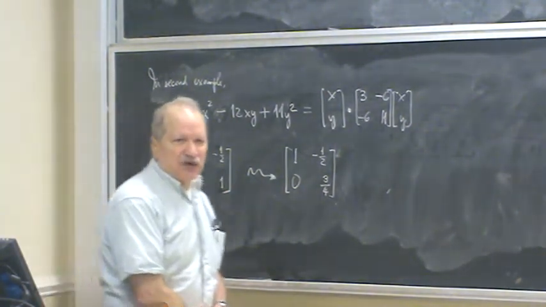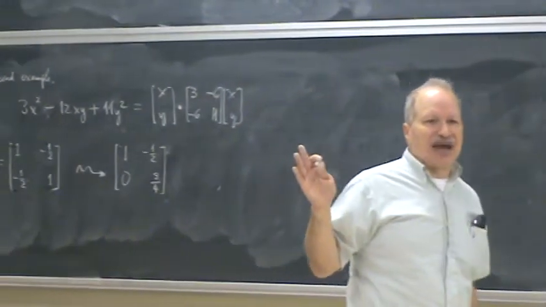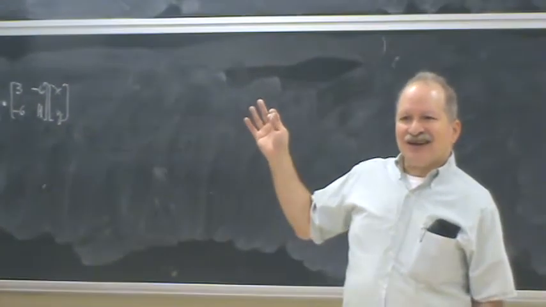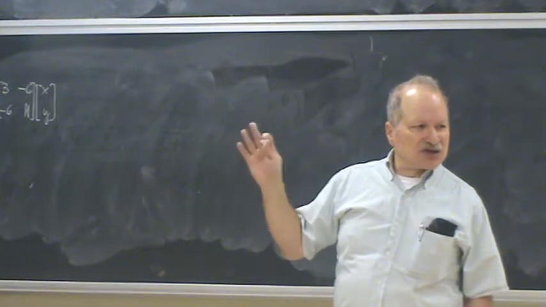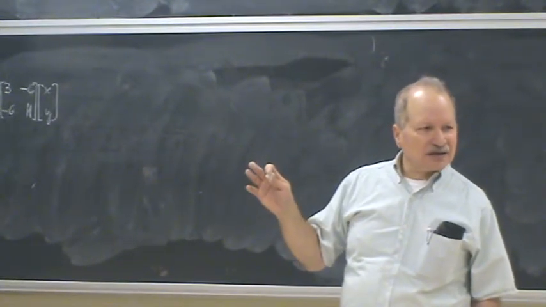Now, do you remember the stuff we did when we talked about elementary matrices and how we could understand row operations in terms of multiplication by elementary matrices? Sort of.